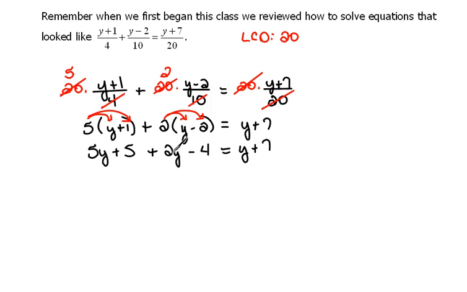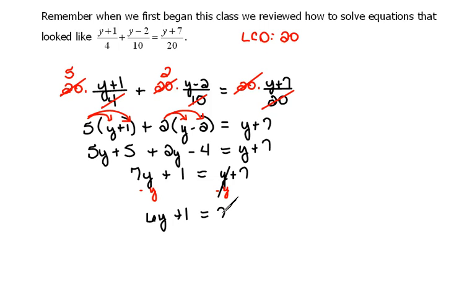So 5y + 2y would be 7y, and a positive 5 and a negative 4 would be a positive 1, equals y + 7. Now we can just finish simplifying. Let's subtract y from both sides so we can get our y's together. 7y - y would be 6y, plus 1 equals 7.